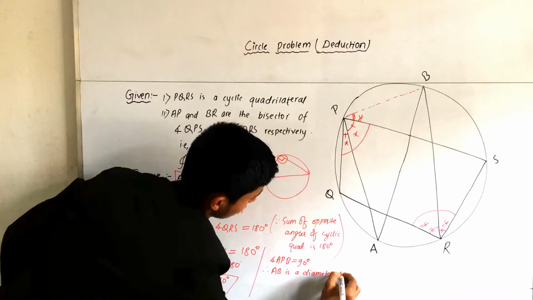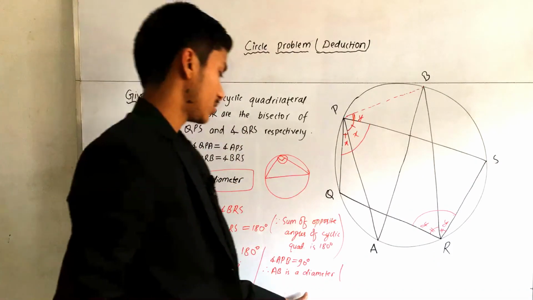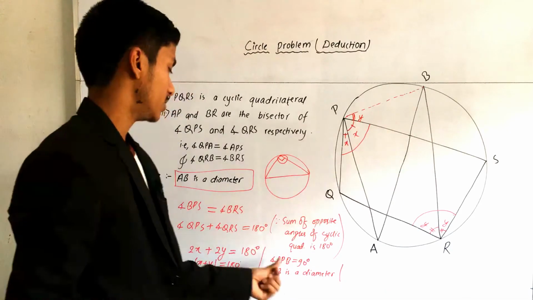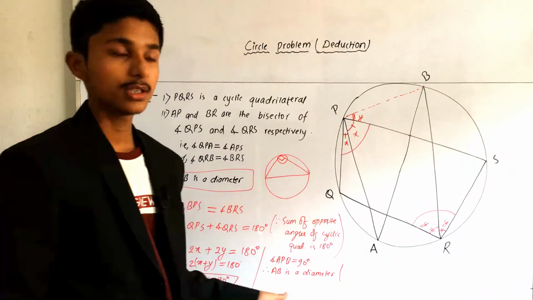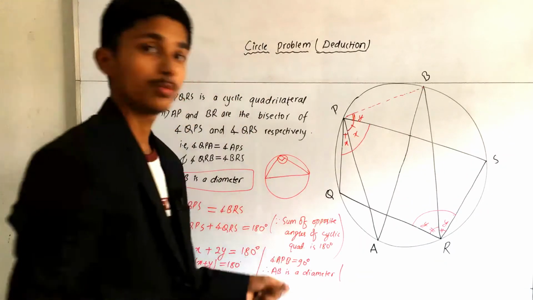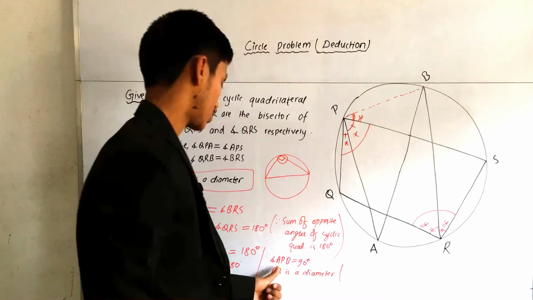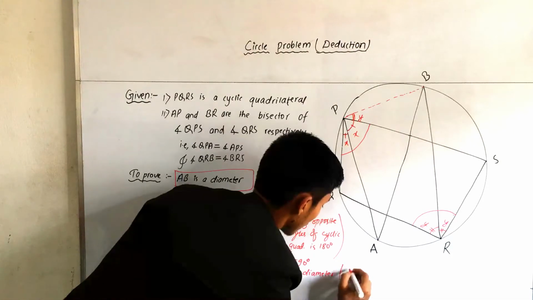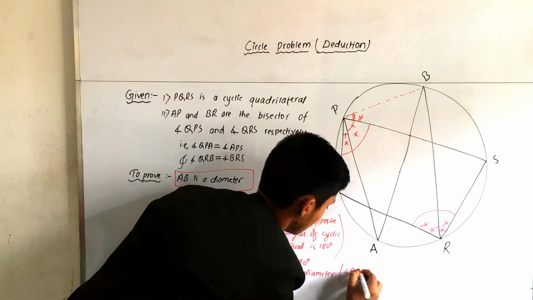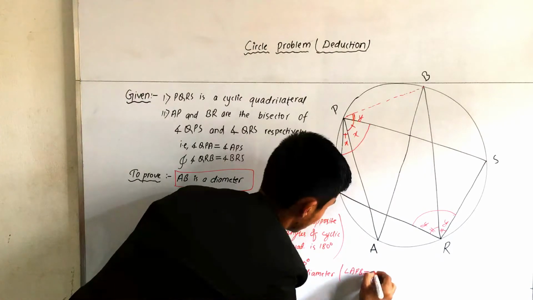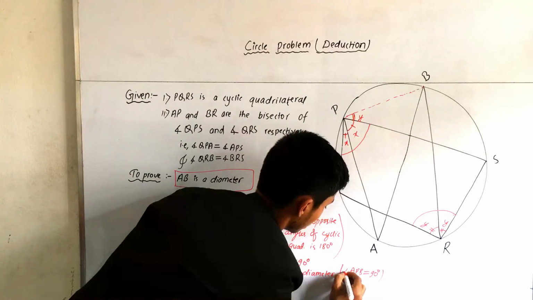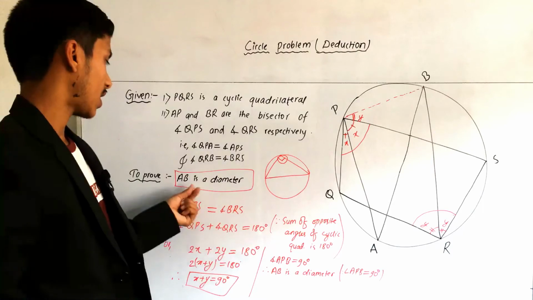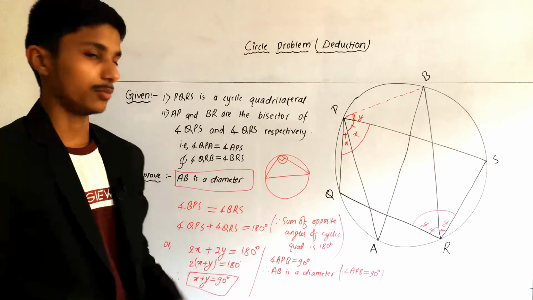Why do we write AB is a diameter? Because the angle opposite to AB is 90 degrees, which is only possible in a semicircle, because angle APB is 90 degrees. We successfully reached our target, that AB is a diameter.